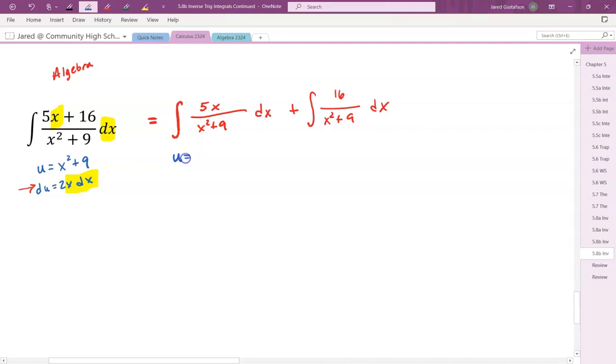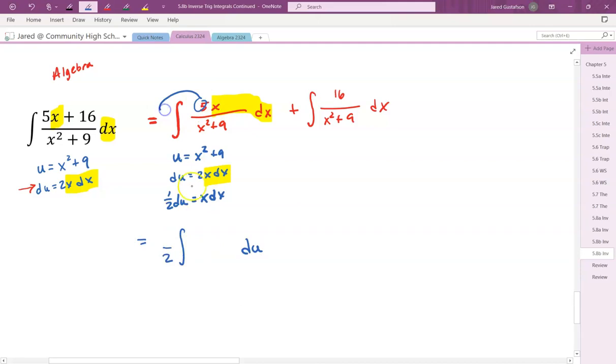So this first one, u equals x squared plus 9, du equals 2x dx. I have an x dx that we can replace. So I need to move the 2 over to the other side, so we get 1/2 du equals x dx. So I'm going to rewrite this first integral as I'm going to have the half, the du.